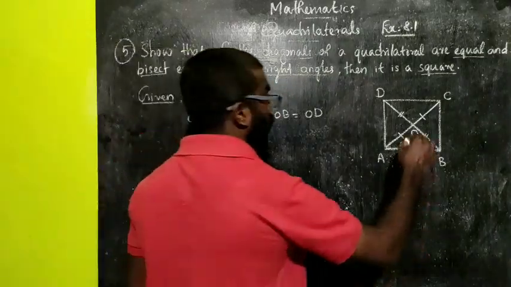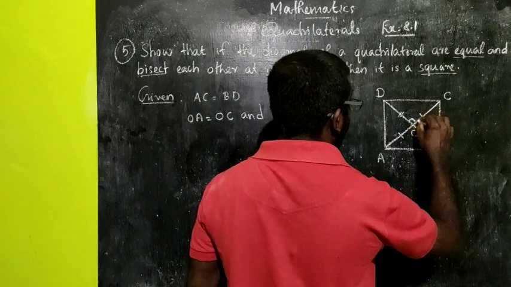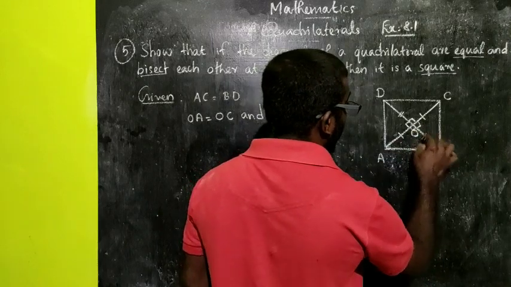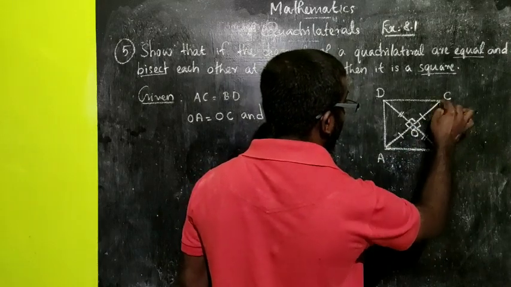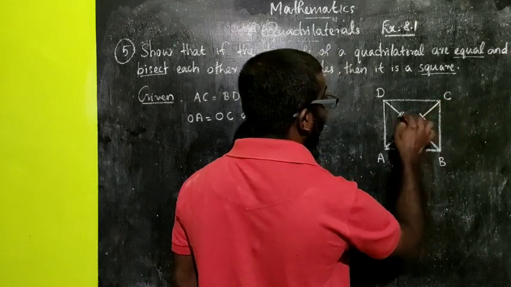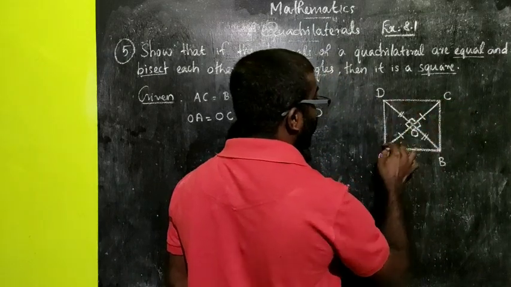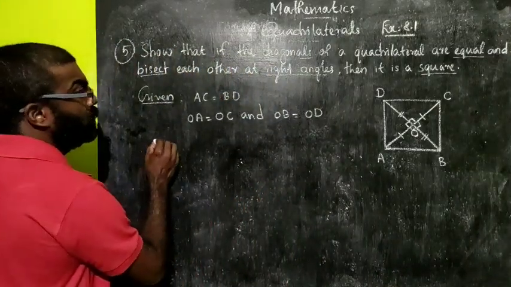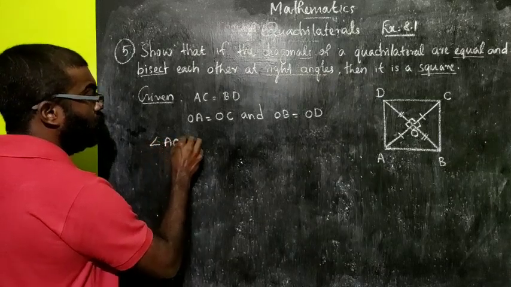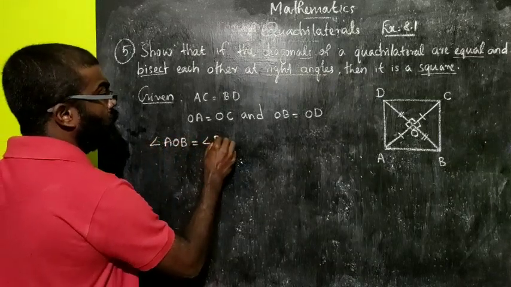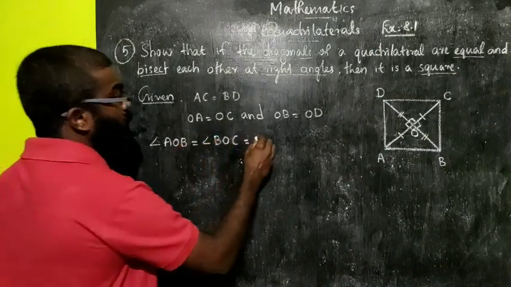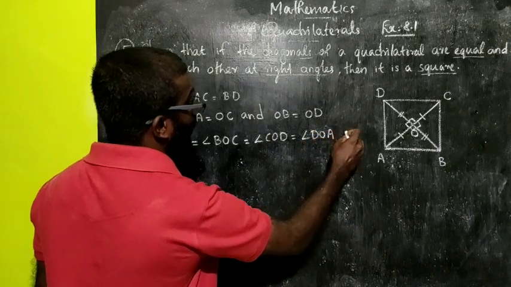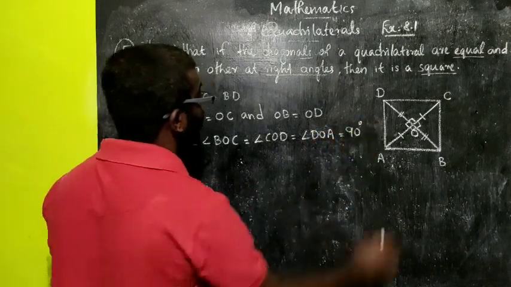Here the angle formed is equal to 90 degrees. So what we can write? Angle AOB equal to angle BOC equal to angle COD equal to angle DOA, all equal to 90 degrees.